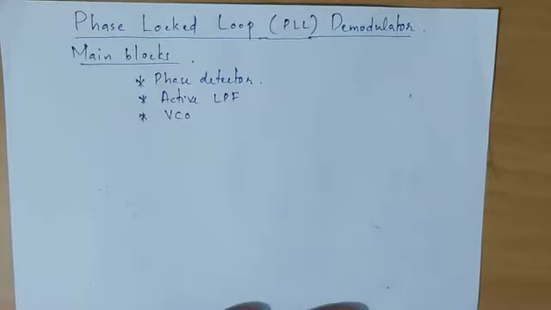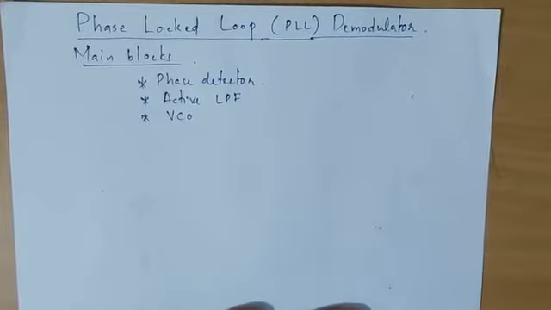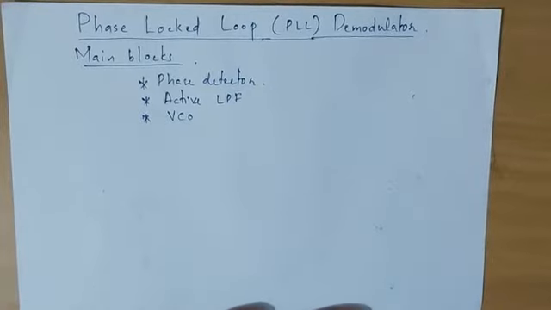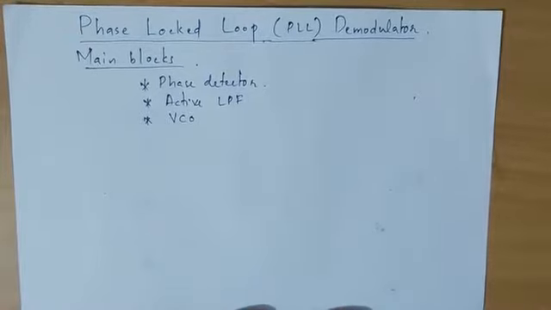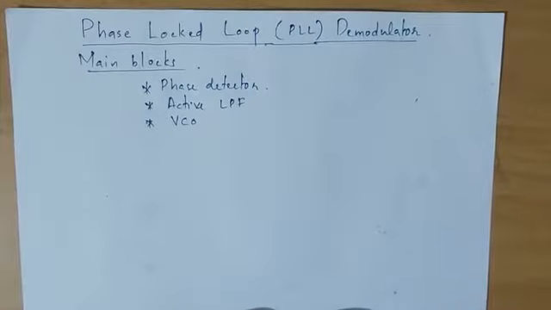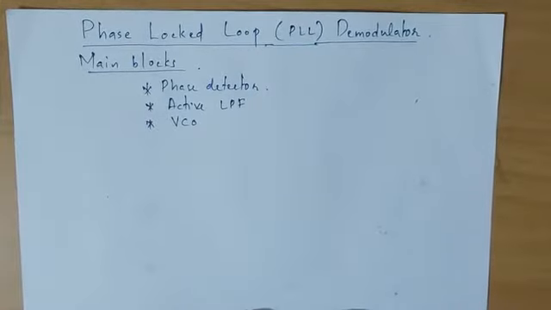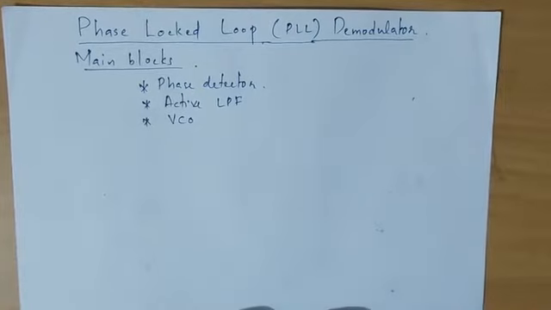Hi everyone. In this lecture, we'll discuss the PLL FM demodulator, that is, the phase locked loop demodulator, which is widely used in FM demodulator circuits ranging from FM broadcasters to very complex communication receivers.